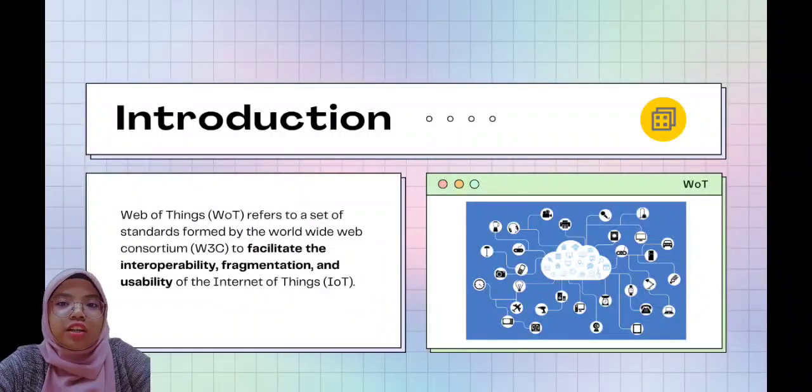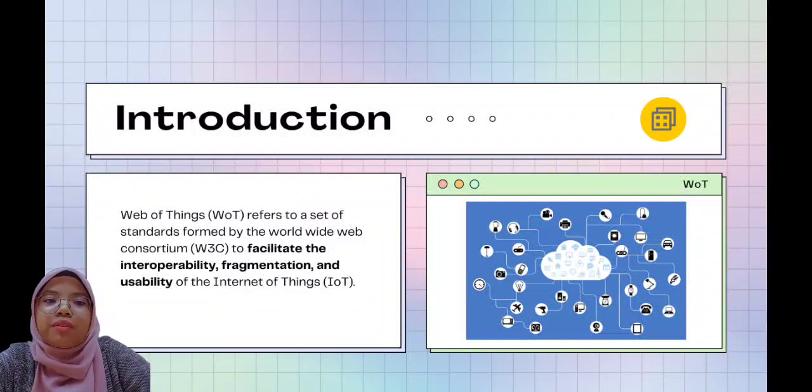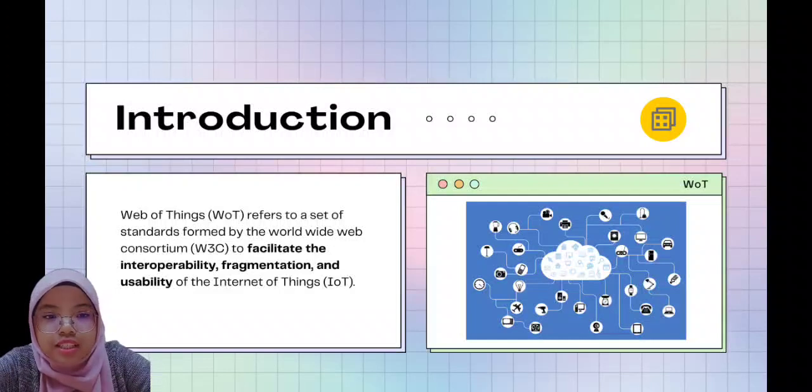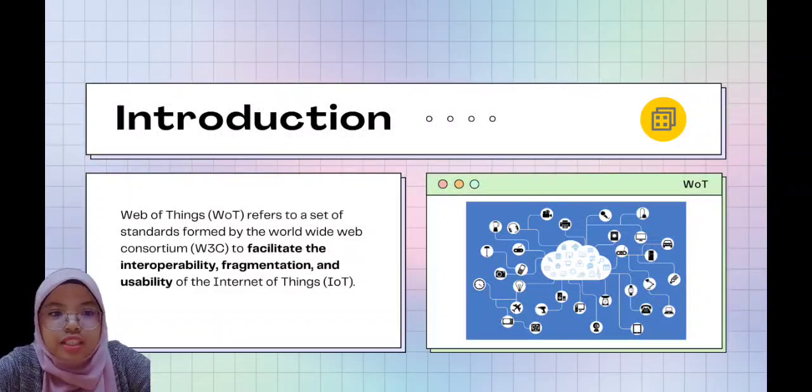The Web of Things refers to a set of standards formed by the World Wide Web Consortium, W3C, to facilitate the interoperability, fragmentation, and usability of the Internet of Things.